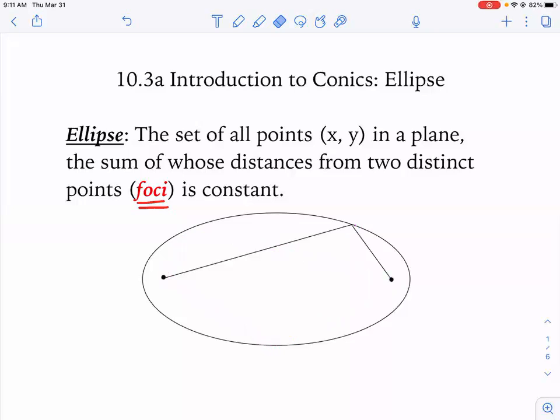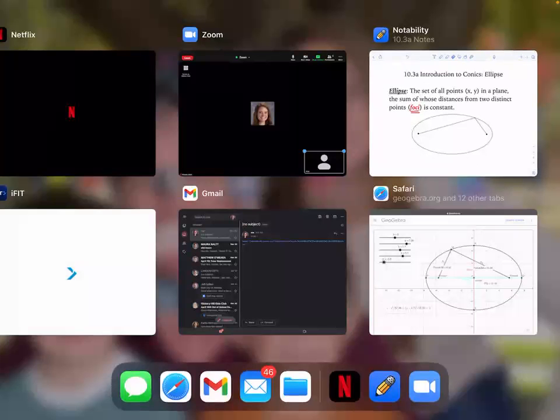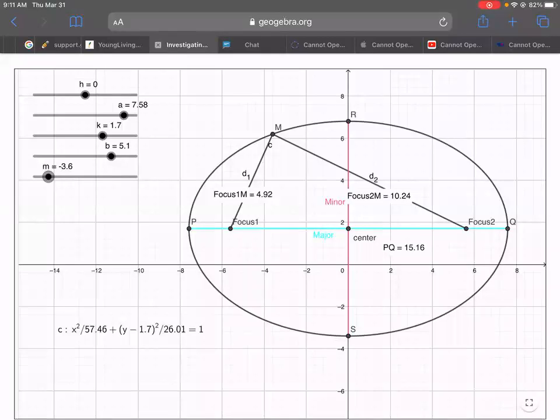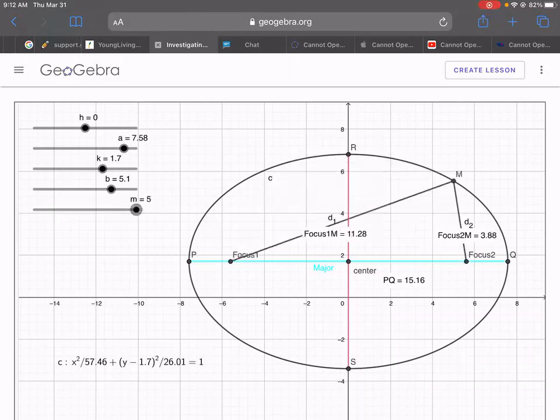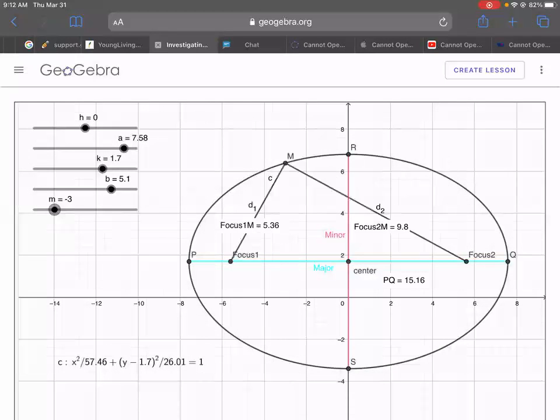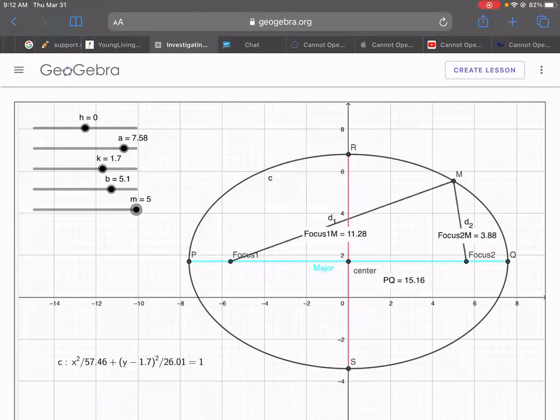Let me show you a little demonstration of that here. As I move my coordinate M around, notice how we're measuring distances right here. So I need your help. Calculator or not, I don't care. What is 11.28 plus 3.88?